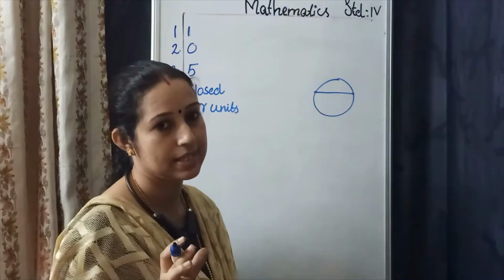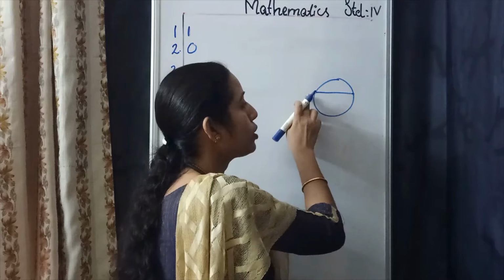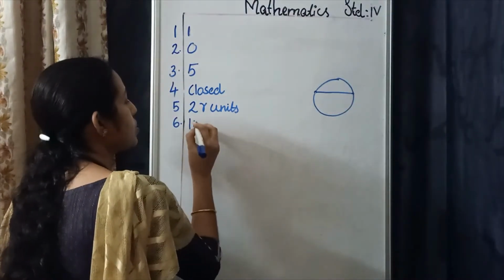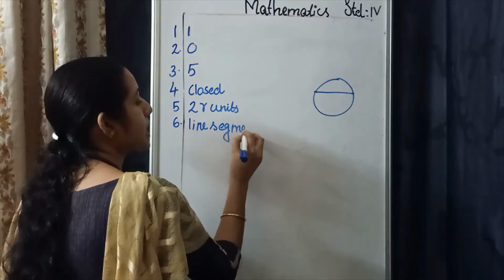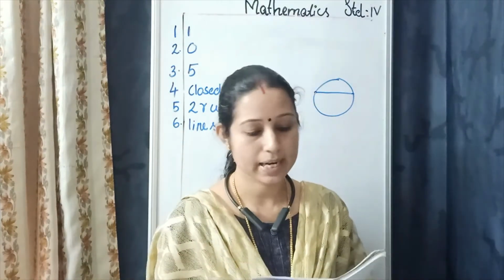So what is it? Yes, it is a line segment. So the line segment drawn from one point to another point on a circle is called the chord. Chord is a line segment, not a line.